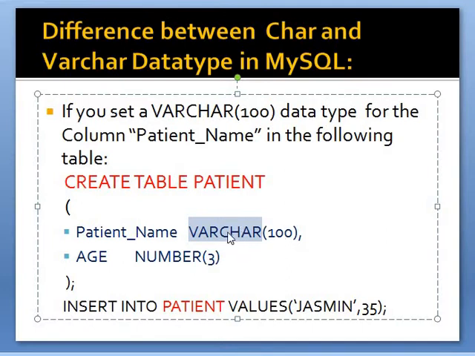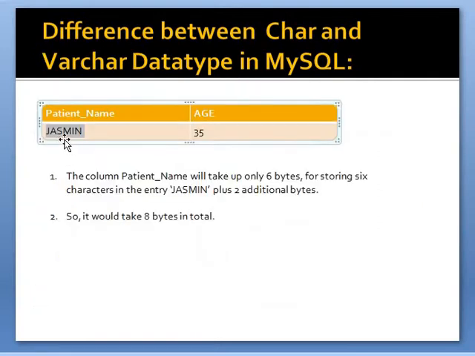So now with the help of this varchar data type having 100 as the variable length size, if I try to insert this entry called Jasmine into our table called patient, then it's going to take up 6 bytes for the 6 characters in the entry called Jasmine.